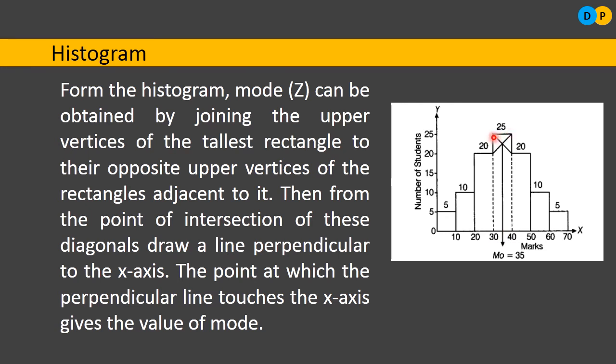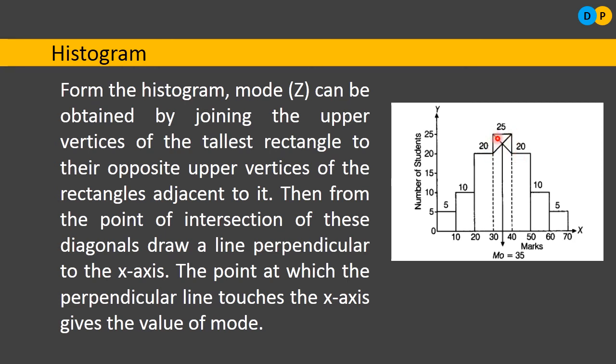Here there are two vertices. From the upper vertices, we need to draw a line diagonally meeting the opposite upper vertices of the other adjacent rectangles. So from this vertex we will draw a line to the opposite upper vertex, and similarly like this.